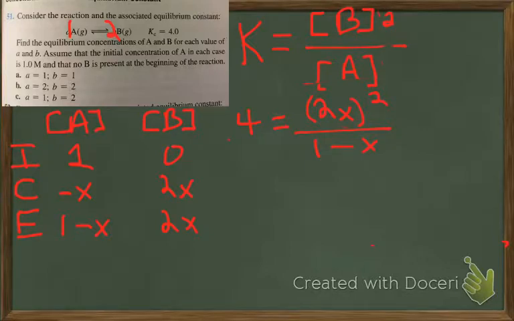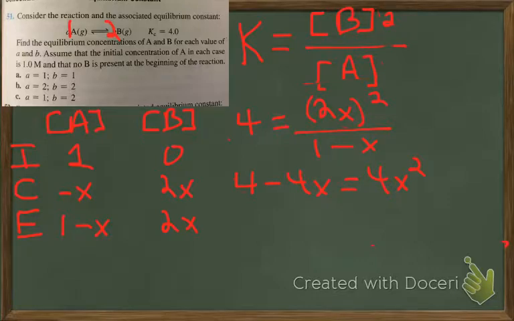Okay, now I need to solve that. So I'll go ahead and multiply both sides by 1 minus x. So I get 4 minus 4x. I'm just doing algebra now. Equals, well, 2x squared is 4x squared. And I got x's all over the place, so I might as well get everything on one side of the equation.